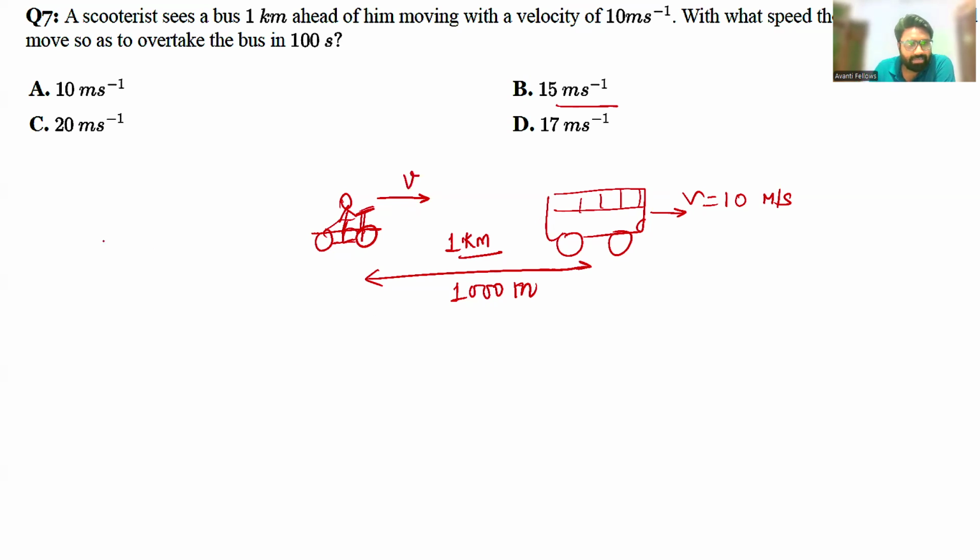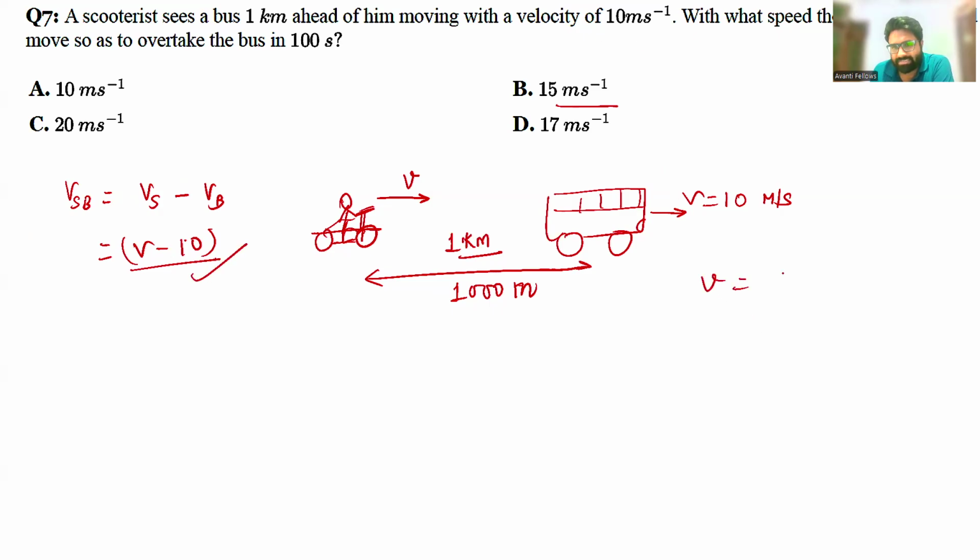Now we will assume that the velocity of the scooterist with respect to the bus is velocity of scooterist plus velocity of bus. Since these are in the same direction, we will have a minus sign. So it is v minus 10. This is the relative velocity. Because we are measuring this distance with respect to the bus, the bus is at rest with respect to us, and we have to cover only 1 kilometer with this velocity in 100 seconds.